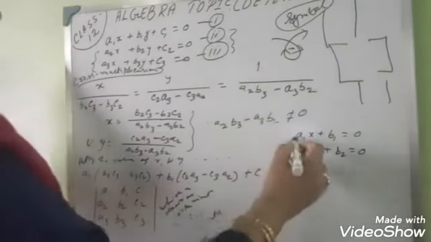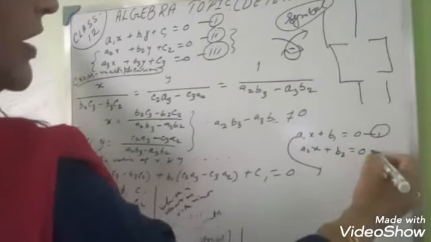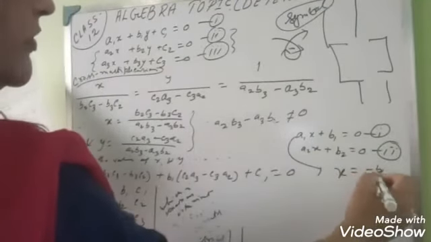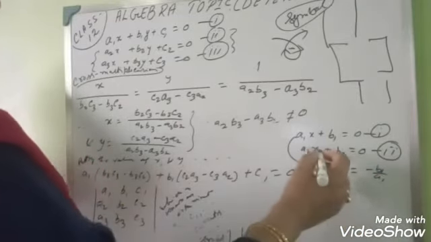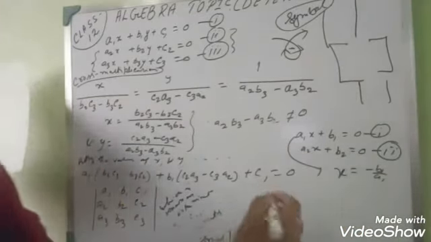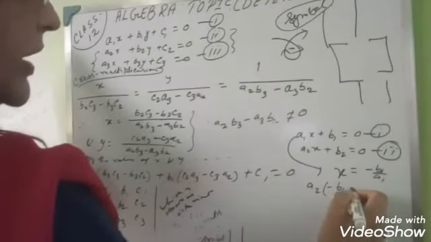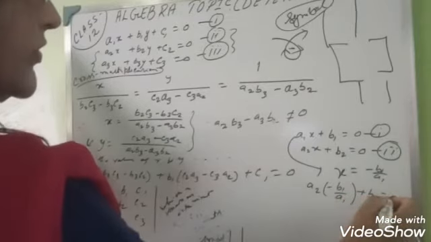Make it equation number 1 and equation number 2. From the first equation, we can solve x equals minus b1 by a1 and put the value of x here. Then what we will get? a2 into minus b1 by a1 plus b2 is equal to 0.